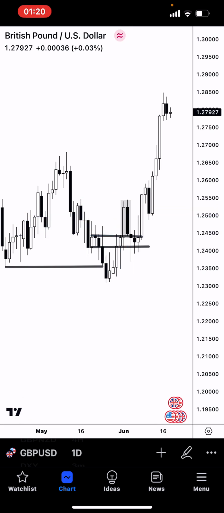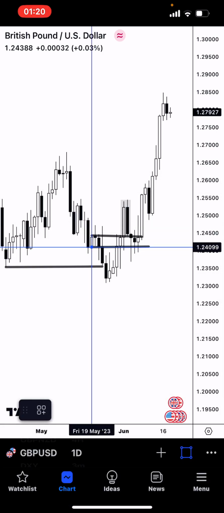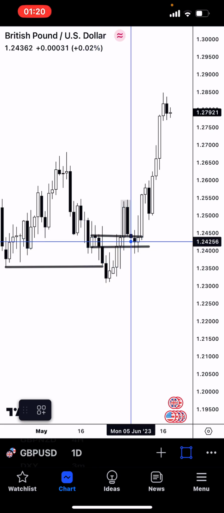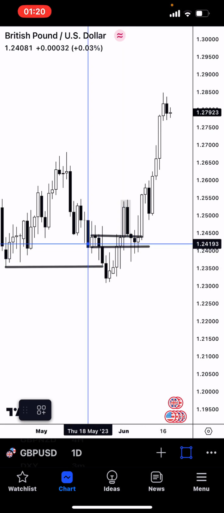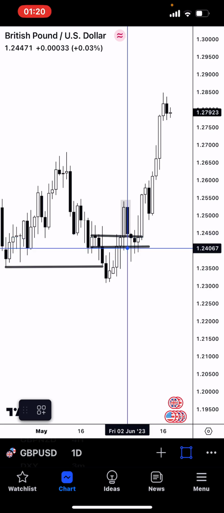And then we come back down and you see how we never ever close beneath our initial order block, this area. The bodies stay above the order block. They never violate, they never go lower than this.